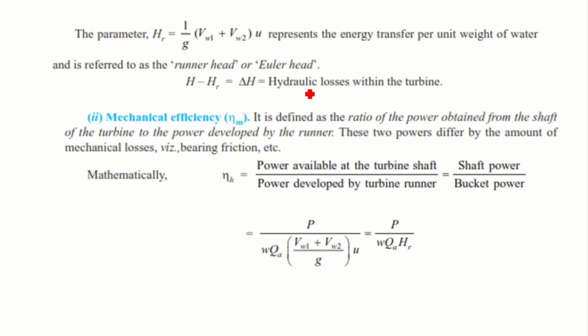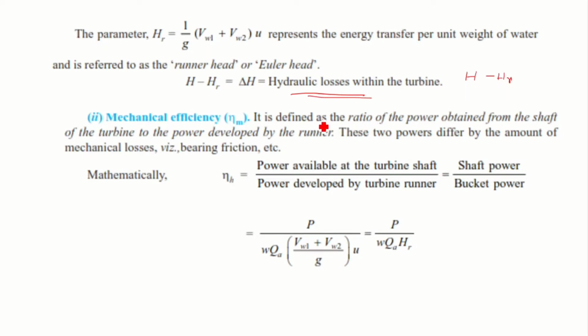The difference between the net head and runner head is known as hydraulic losses within the turbine. So that will be the loss within the turbine. H is the head available at the inlet of the turbine, and H_R is the head utilized by the turbine for its rotation.